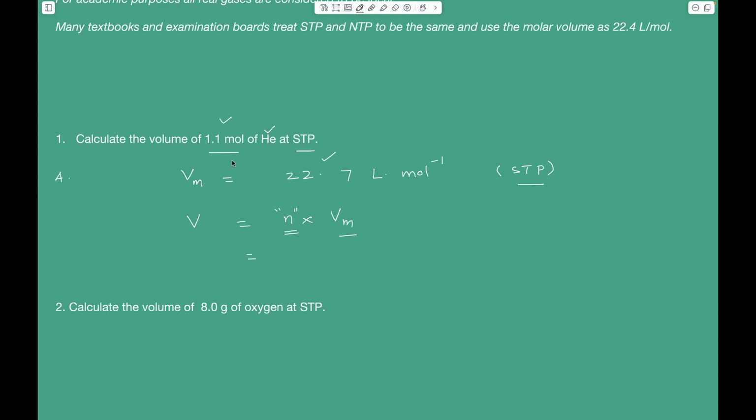Now, what is the amount of substance given here? 1.1 mole. And what is the molar volume of an ideal gas at STP? This much. Remember, we treat all real gases as ideal gases, right? So you just have to make sure that the substance we are talking about is a gas at STP.